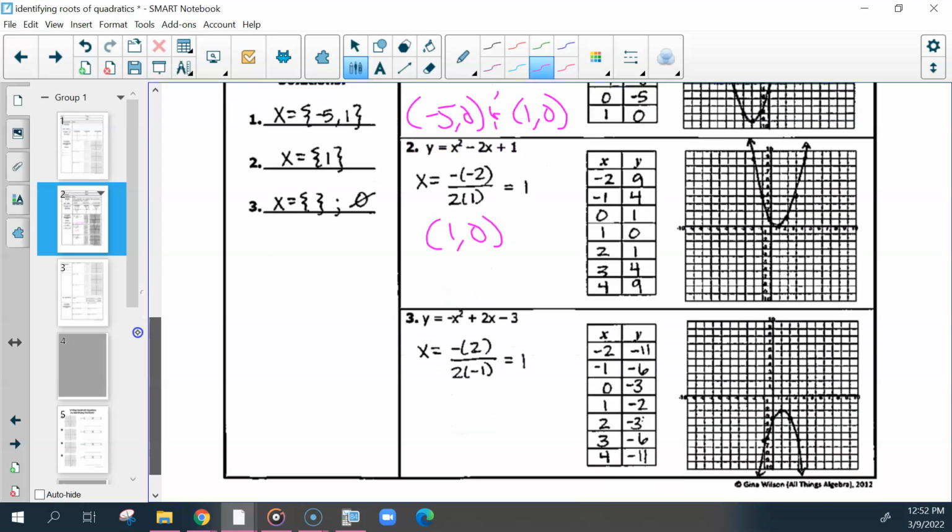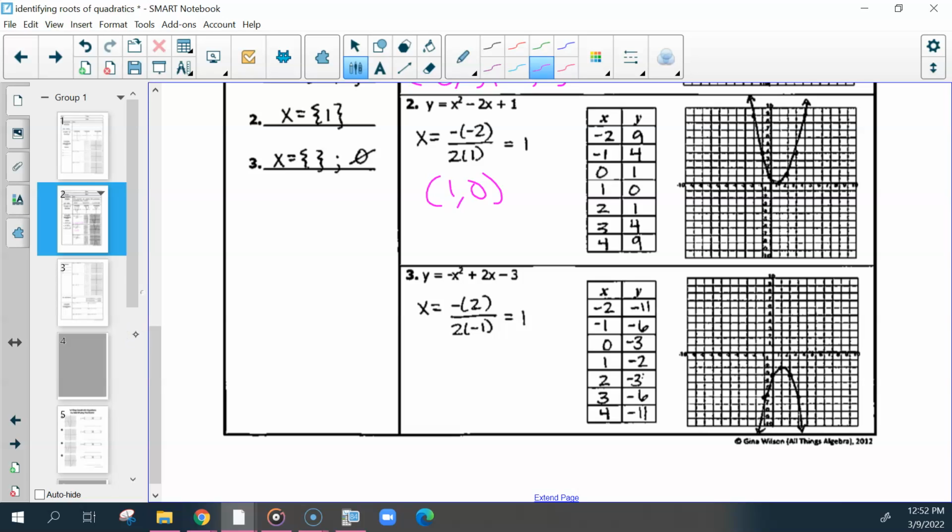Number 3 did not cross your x-axis at all, so this had no solution. Do we have questions on any of those solutions before we continue?